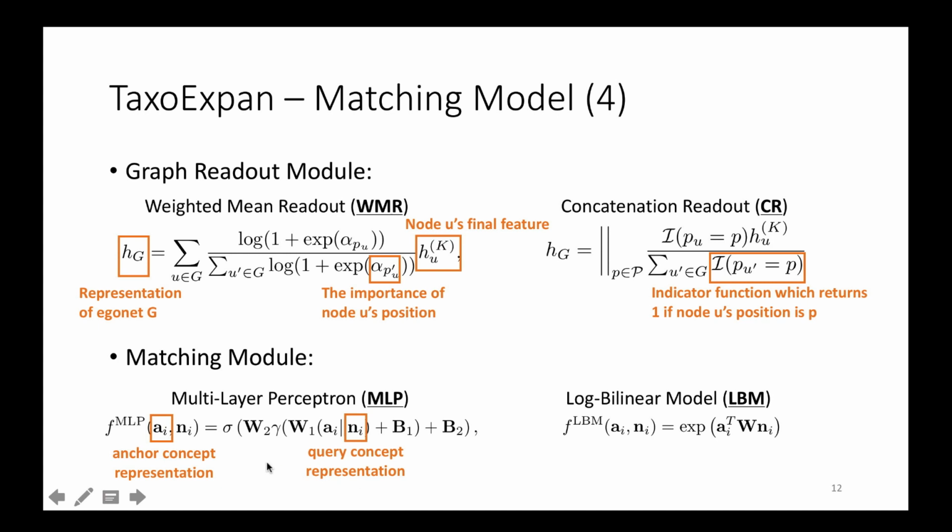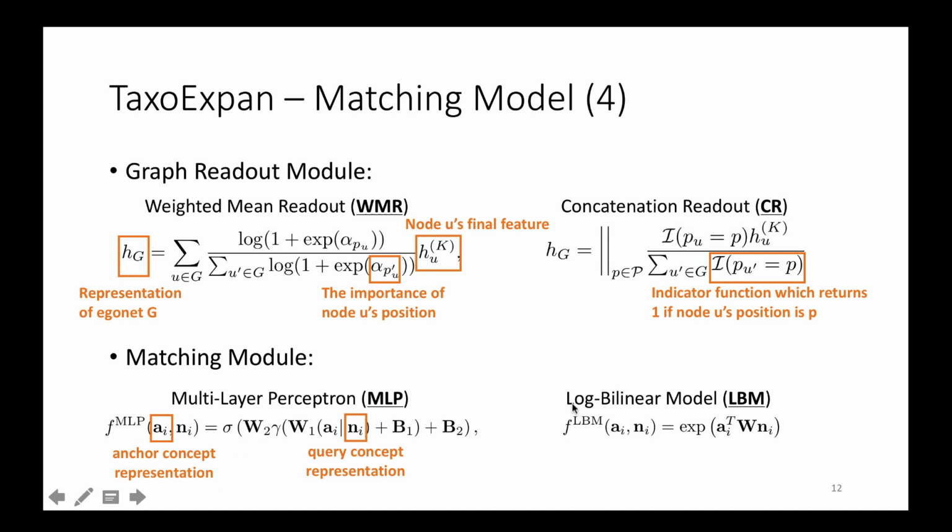And finally, with the graph representation and the input new query concept's representation, we use the matching module to calculate the final matching degrees. Specifically, we tested two different architectures. The first one is the multi-layer perceptron, which concatenates the query concept representation with the anchor concept representation and passes them through a feed-forward network to predict the final matching degree.